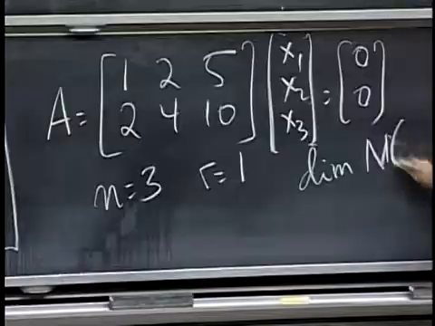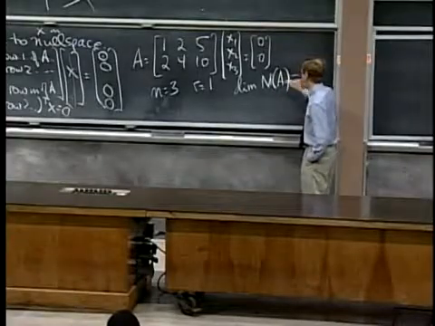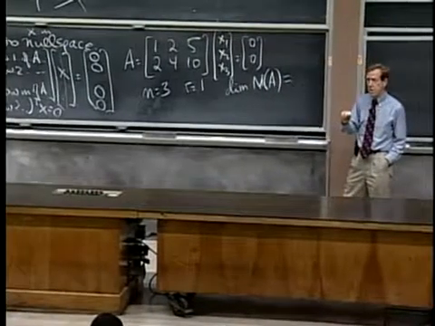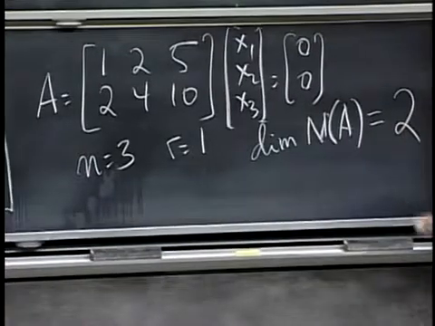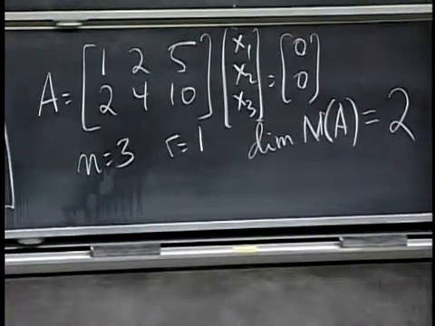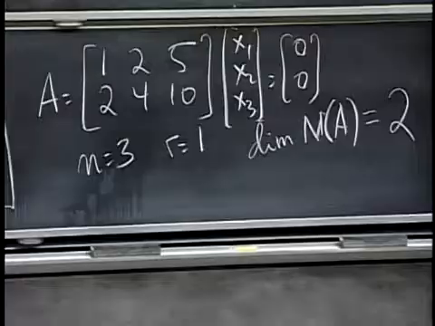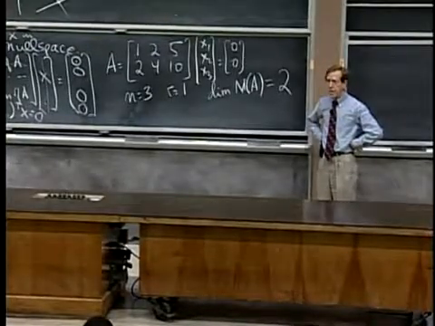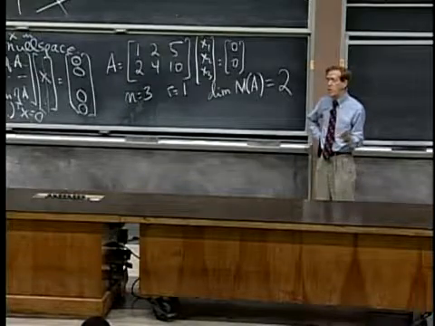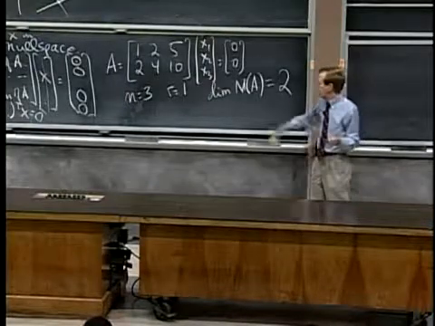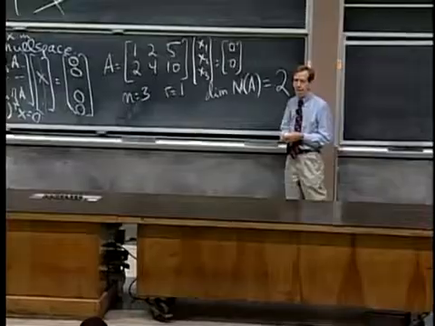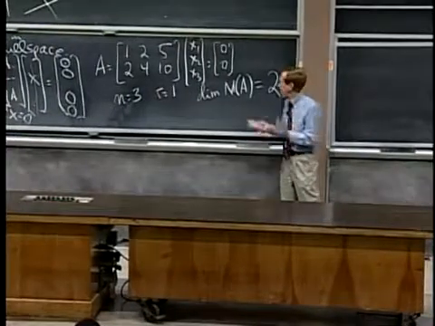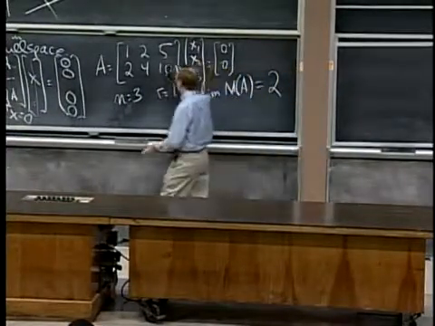So the dimension of the null space is, we all know, 2. Right, it's a plane. And now actually we see better what plane it is. It's the plane that's perpendicular to 1, 2, 5.